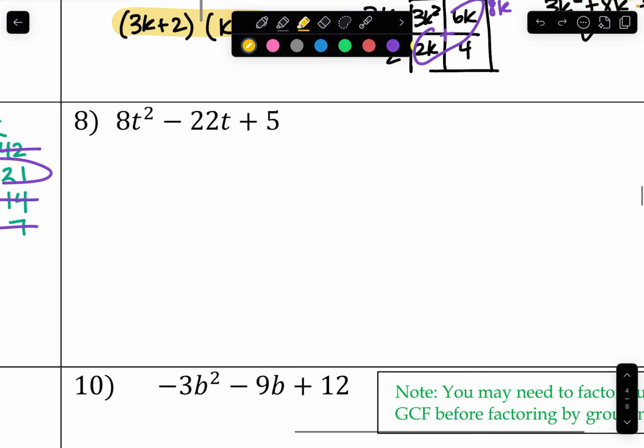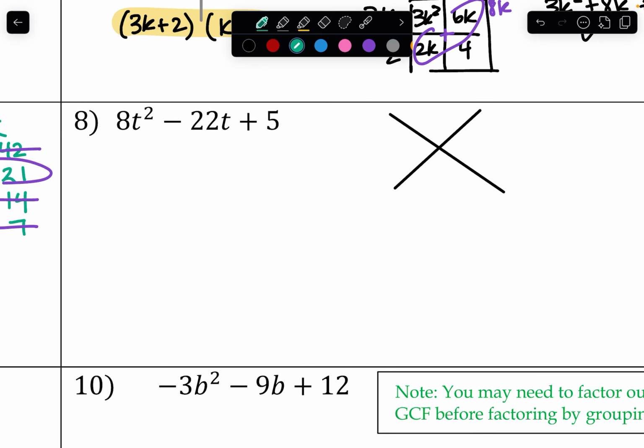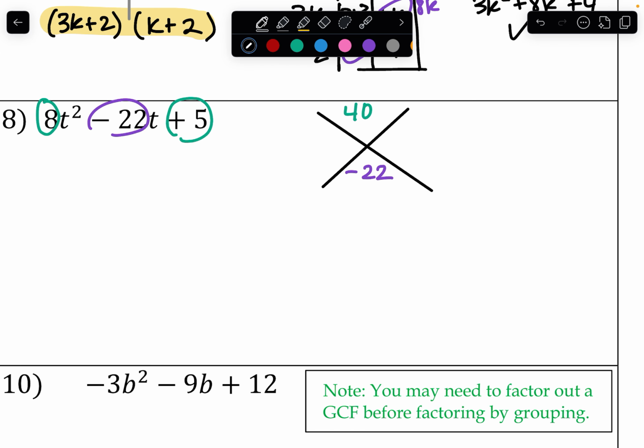Okay, here we are looking for two numbers that multiply to a times c, which is 40, but add to negative 22. 20 and 2 multiply to 40, but to add to negative, they both need to be negative.